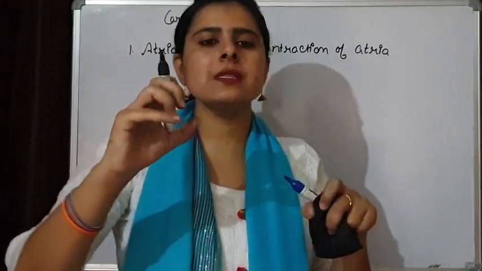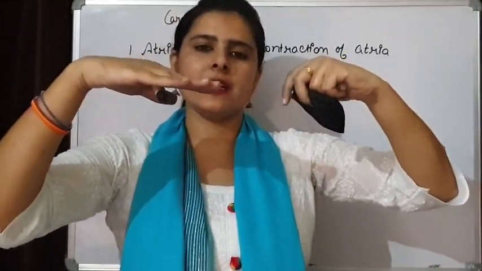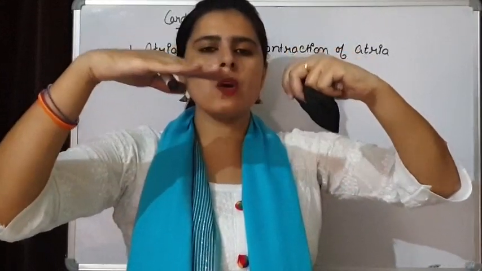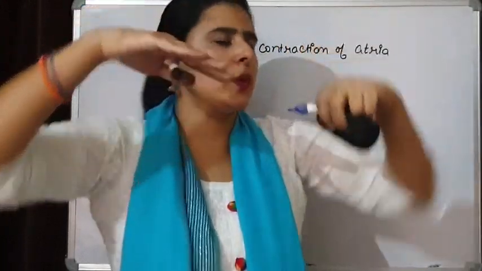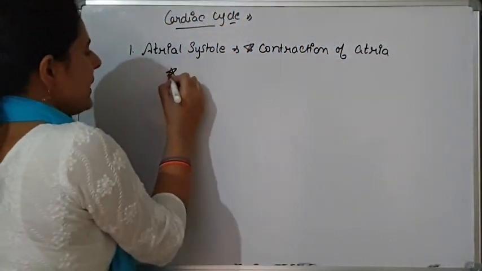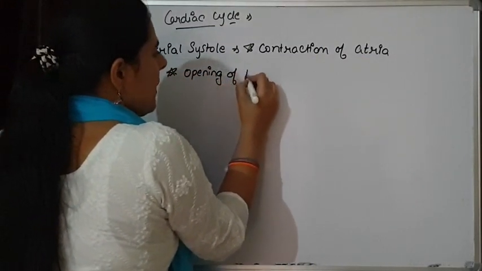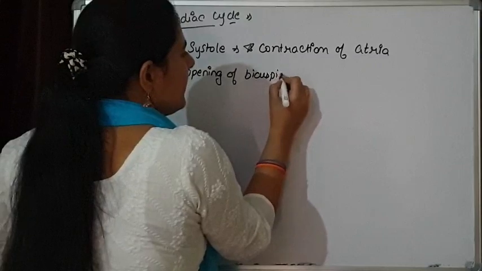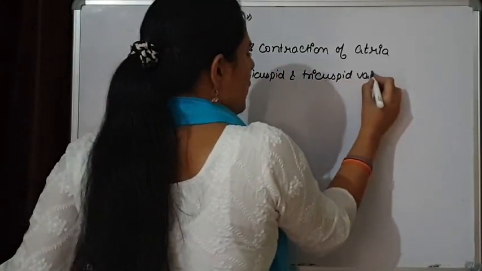Because of this increased pressure, the two valves present below the atria, the bicuspid and tricuspid valves, move downward. They open this way. So the second step during atrial systole is the opening of the bicuspid and tricuspid valves.